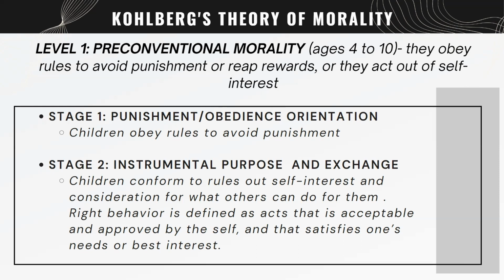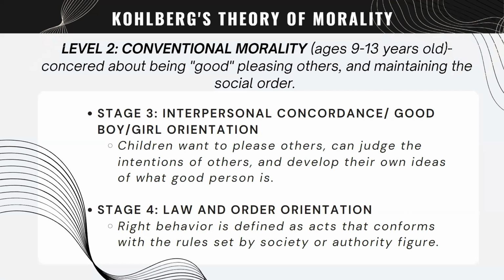Di ba? Ang downside naman dito, the children do it because they are expecting something in return. Hindi na nila ginagawa ito na bukal sa kanilang puso. Okay? So that is level 1, the pre-conventional morality.